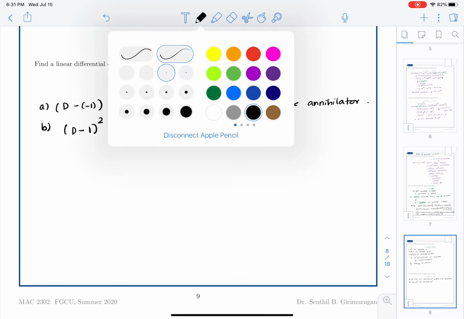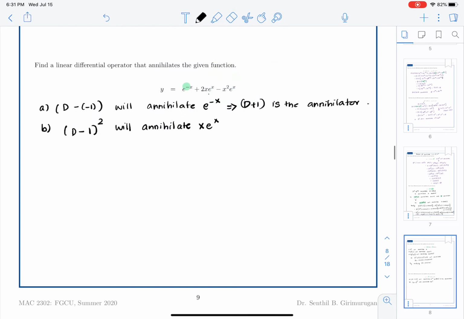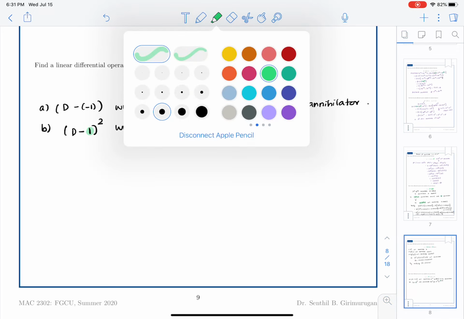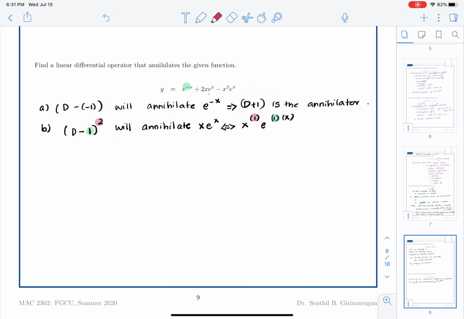I see x raised to 1 and e raised to 1 times x, alpha is 1. I see 1 there, hence 2.